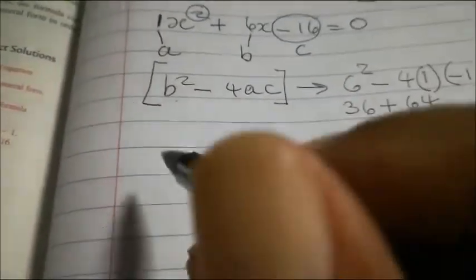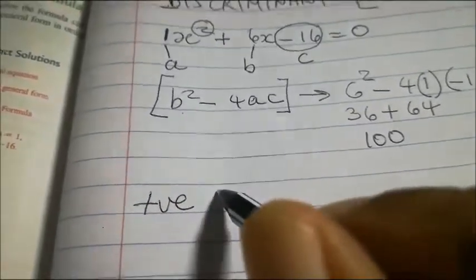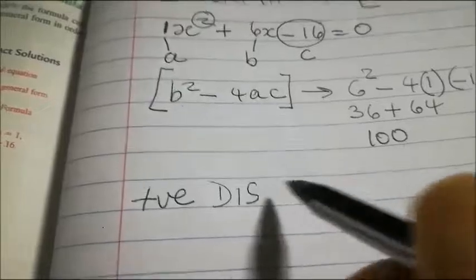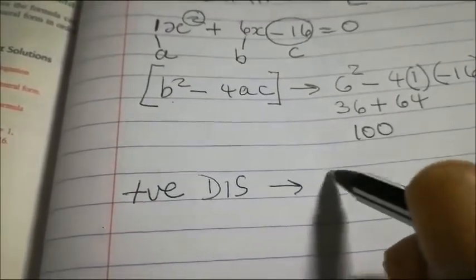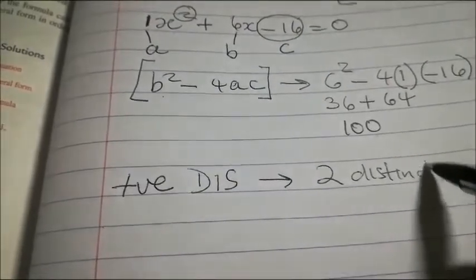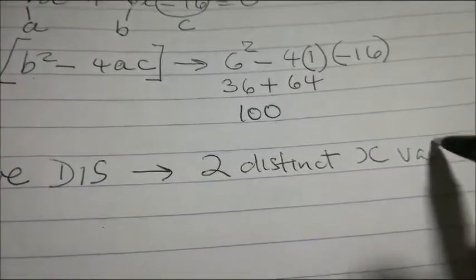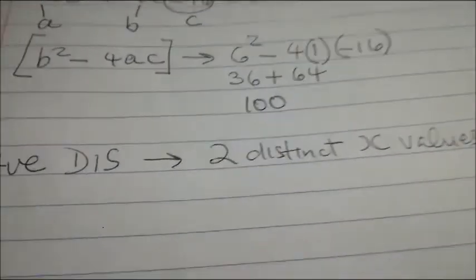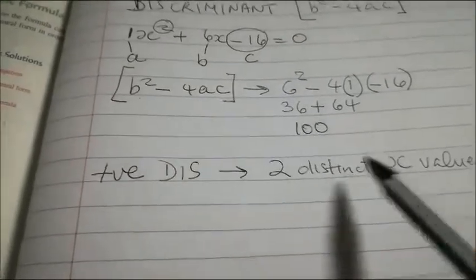And whenever there is a positive discriminant, let's use positive DIS for short, it leads to 2 distinct x values. They're not going to be the same. Once there's a positive discriminant, you're going to get 2 distinct x values.